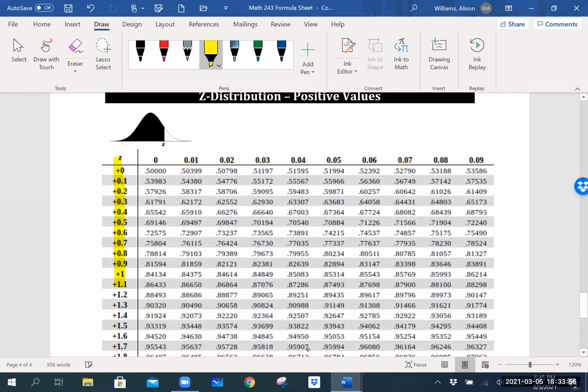I'm going to go ahead and erase these highlighting marks so that we can keep track. So here's 1.2. And then in order to get the 1.23, we have to go to the column where the 3 is in the hundredths place. The value that we're going to use is right here, 0.89065.